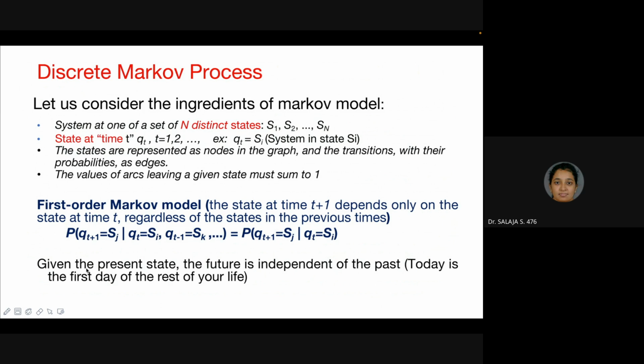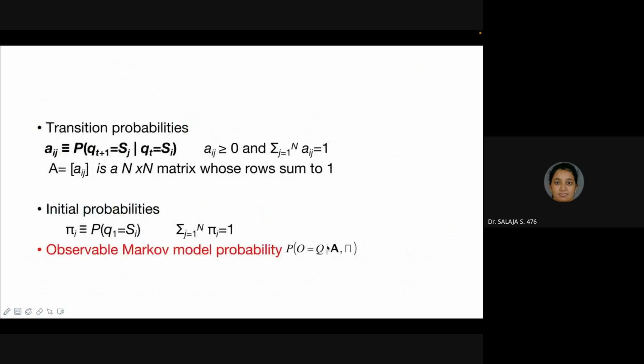Now, the system will be in sj at the time t plus 1, provided the system is in state si at time t, and the system should have been in sk at time t minus 1, and so forth. Based on the study, it has been equalized to the system being in state sj at time t plus 1, provided the system is in state si at time t.